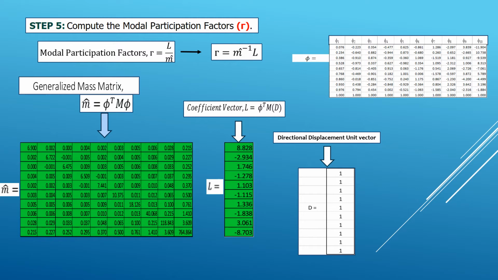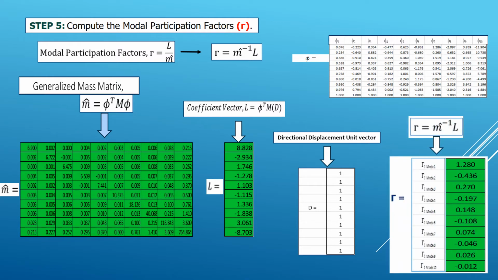Using the Excel, makukuha na natin ang value ni L. Since nakuha na natin sa generalized mass matrix at coefficient vector, pwede na natin makuha ang modal participation factor R. So, ito na yung result niya. Ito is using Excel. If i-add natin ito lahat, magiging equals to 1 ito siya.